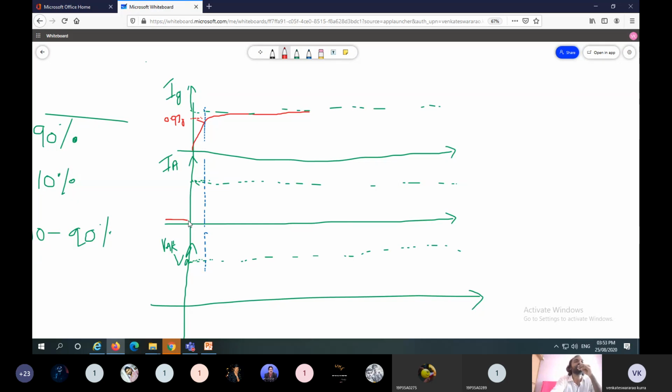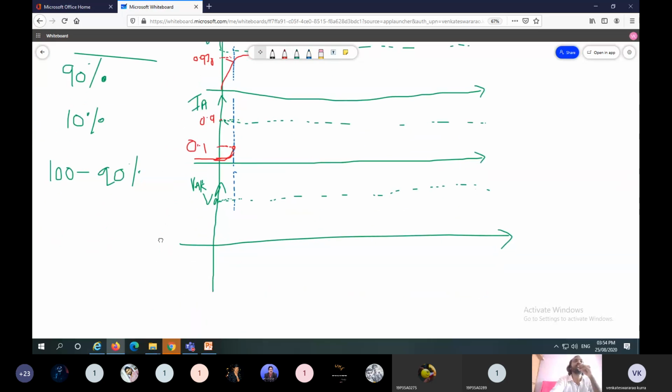So delay time is the time taken by the anode current to reach 10%, assuming this is 100% and this is 10%. 10% means 0.1 IA. It is 0.1, and this is 0.9.